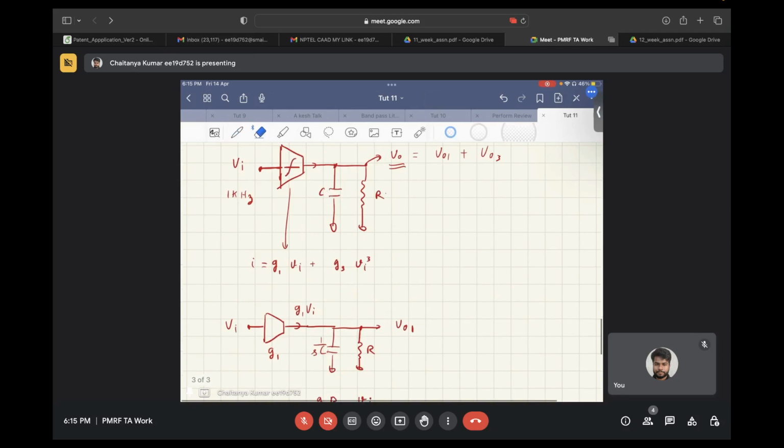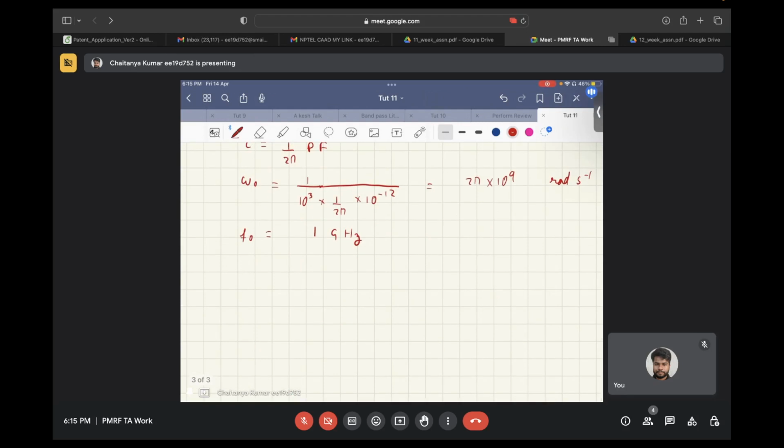Okay, so let the input frequency be, let's say, some 100 megahertz. So now what will be V01? V01 will be 1 upon 1 plus SRC. You can replace S by j omega, or j 2 pi f for that matter. So it will be 1 plus j 2 pi f into RC.